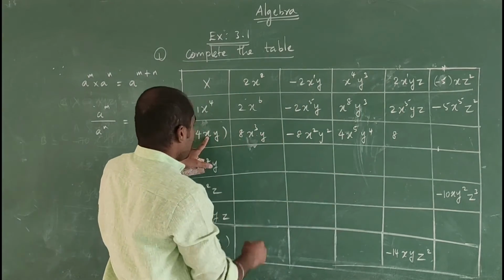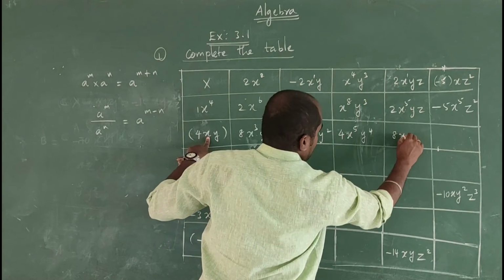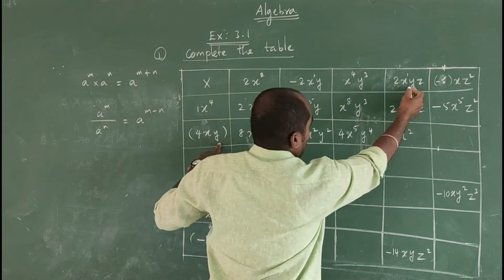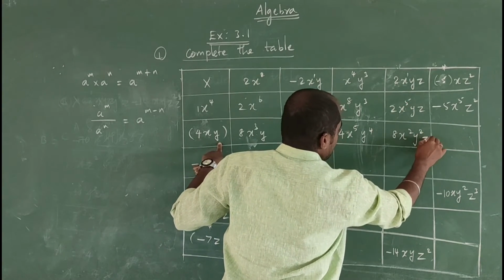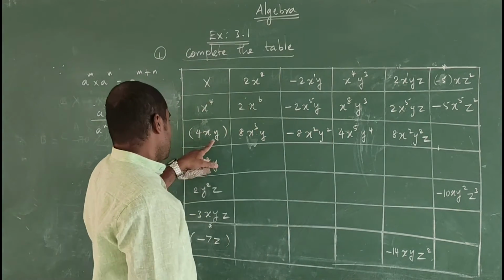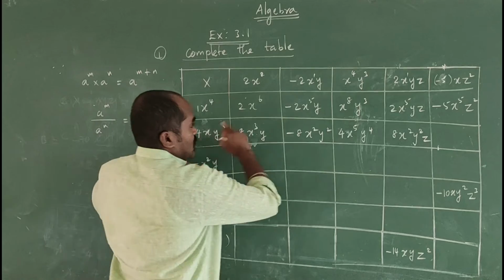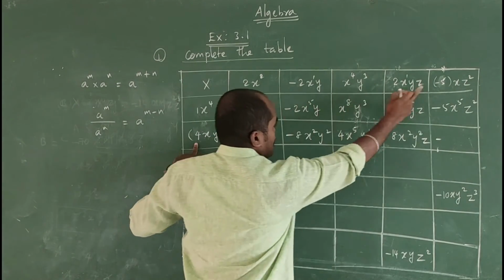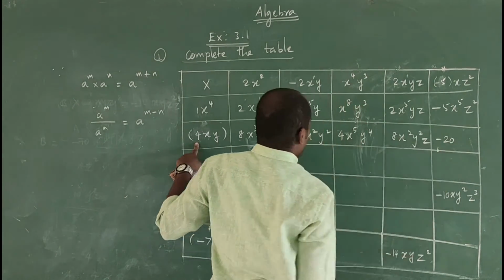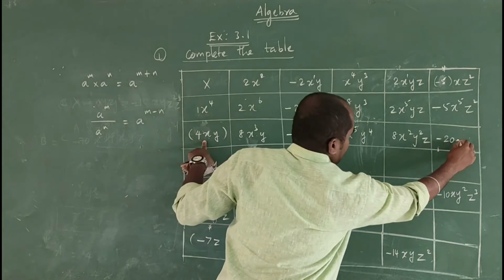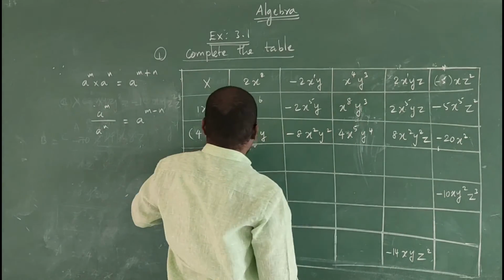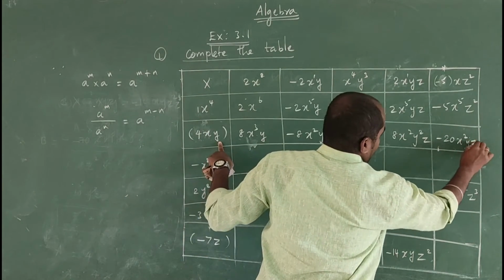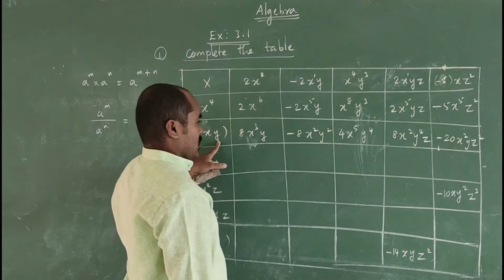X into x, x square. Y into y is y square. Next. So plus into minus is minus. 4 5s are 20. X into x, x square. Y square.